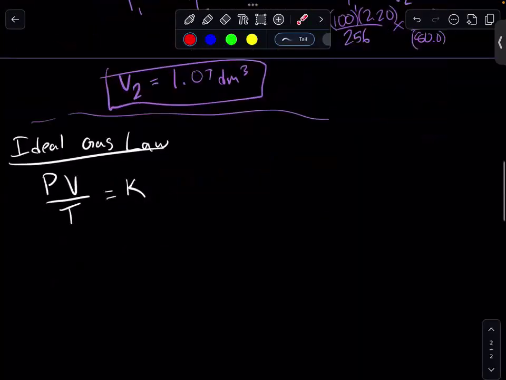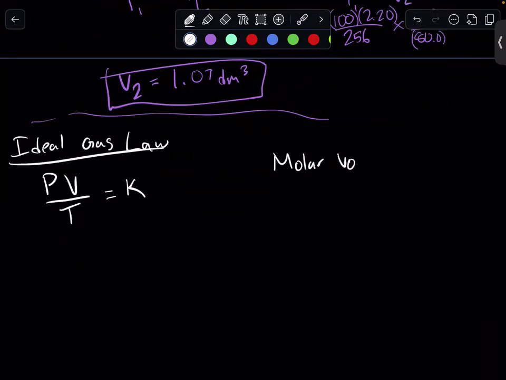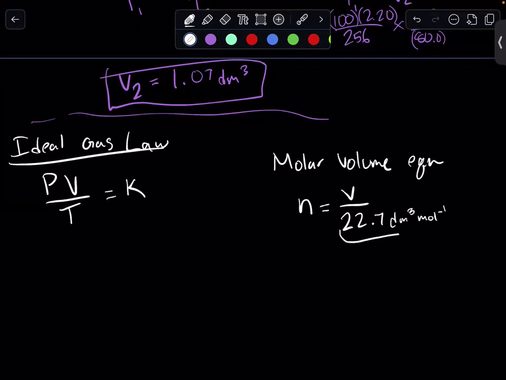We're also going to look at our one equation with moles. We have our molar volume equation. And our molar volume equation says that the number of moles is equal to the volume over our molar volume value, which is 22.7 decimeters cubed mole inverse, which for reference, this is also a constant.